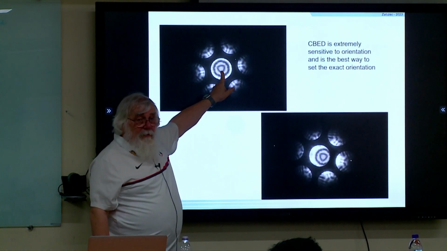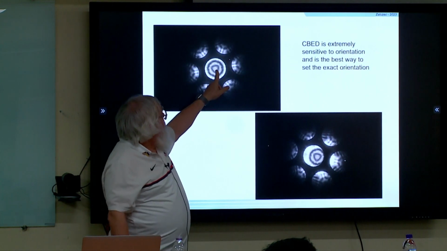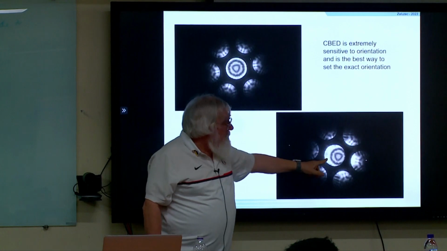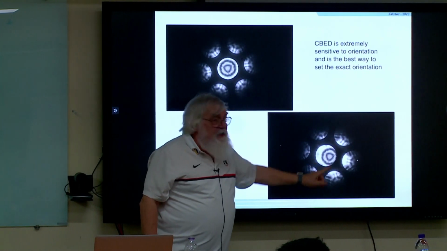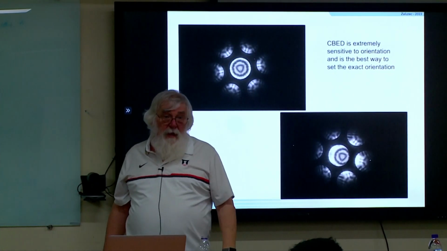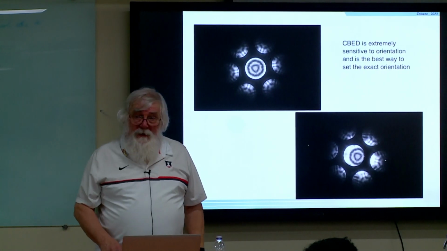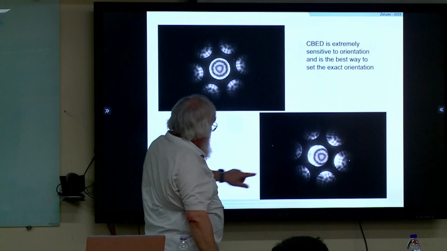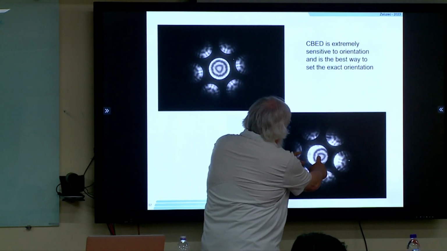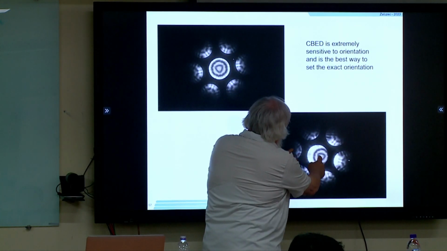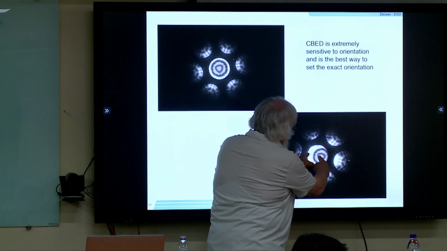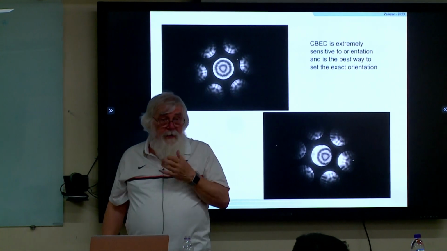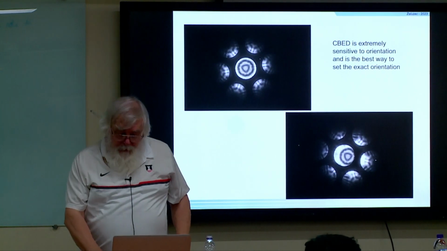I'm right on the 111 zone axis right now, centered as close as I can get. This is just slightly off, and that distance is tenths of a milliradian. Remember, a typical Bragg angle is about 5 milliradians. So that's 5, that's 2.5, that's 2, that's 1, so we're a few tenths of a milliradian. Very accurate alignments.